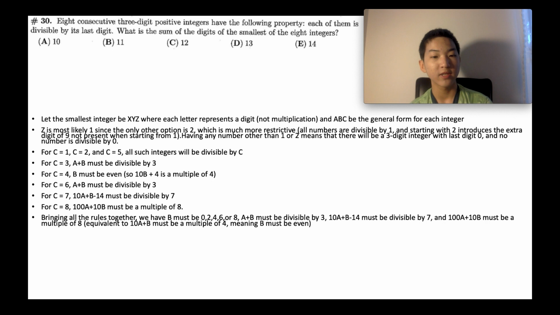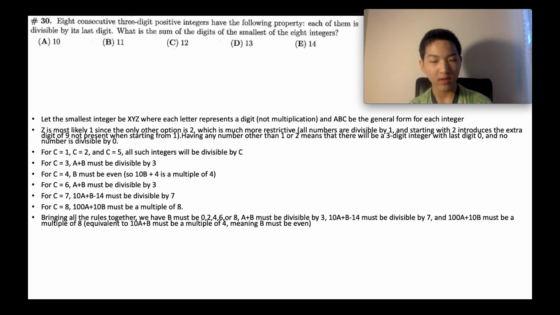A plus b must be divisible by 3 from the c equals 3 rule. The rule that b must be even is from the c equals 4 rule. Then 10a plus b minus 14 must be divisible by 7 from the c equals 7 rule. And 100a plus 10b must be a multiple of 8 from the c equals 8 rule.